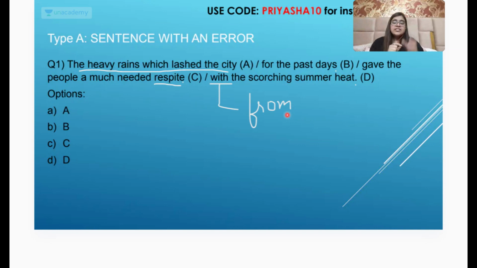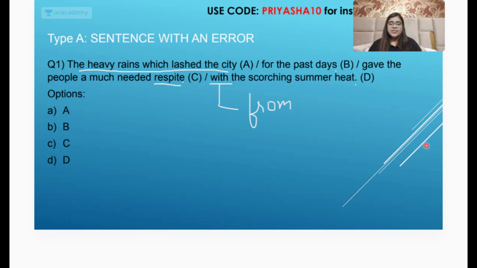They think that respite from is the right thing, so I should go with C as my answer. No, from is what you are supposed to change, and that is why with is present in the part D, so my answer will also be part D.